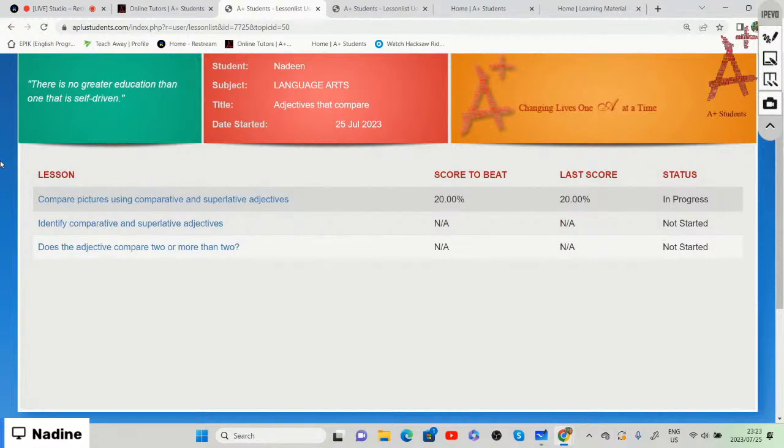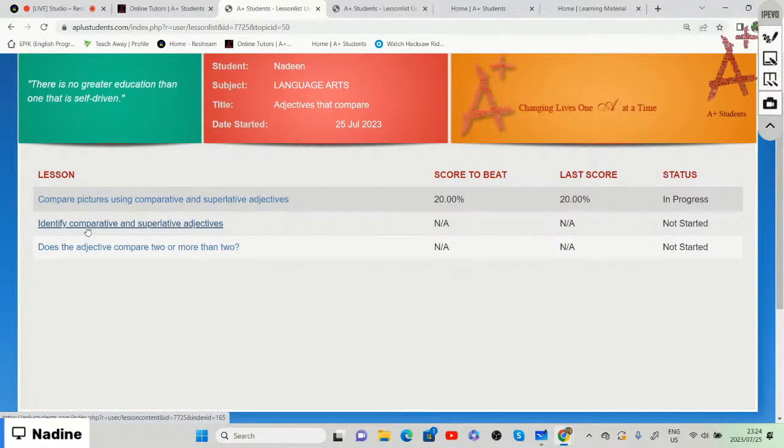Then we have the superlative adjective, which compares two or more, which means it compares more than two people, places, animals, or things. And the superlative adjective ends in est, right? That is the difference between a comparative adjective and a superlative adjective.